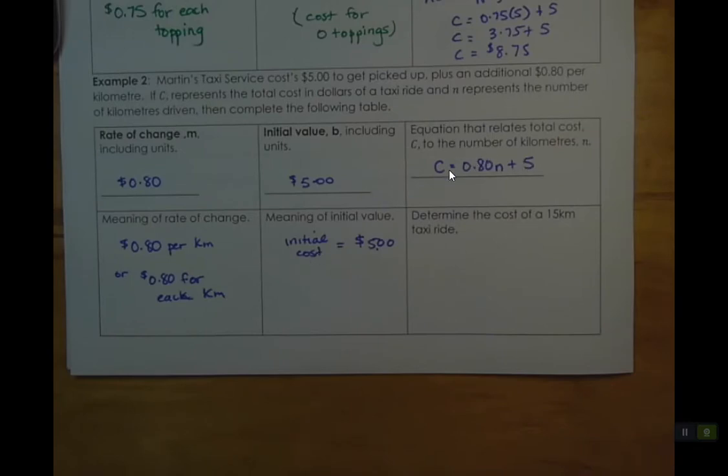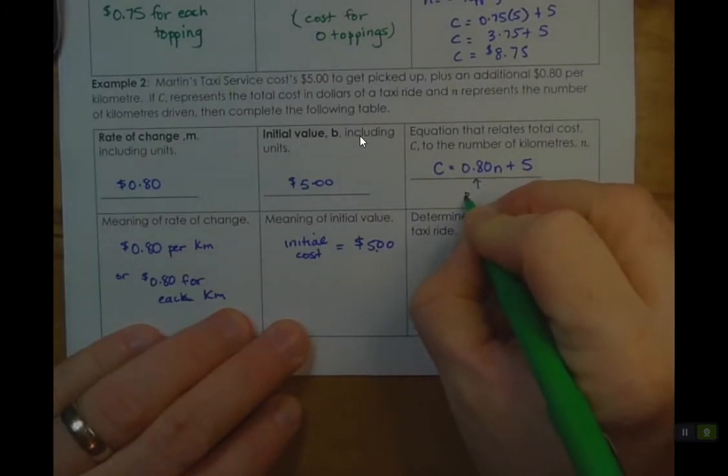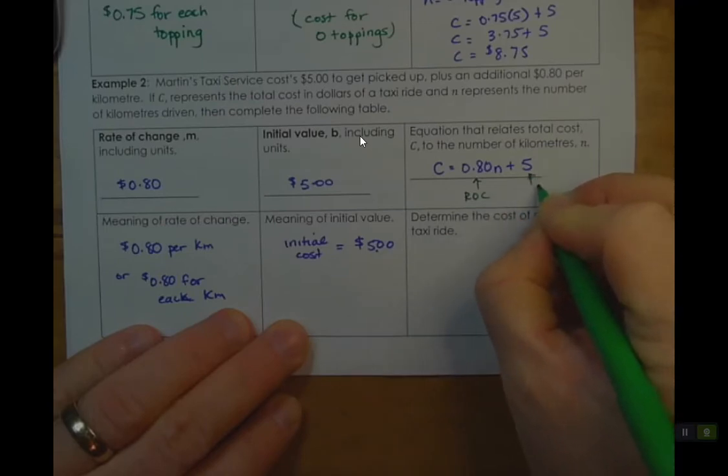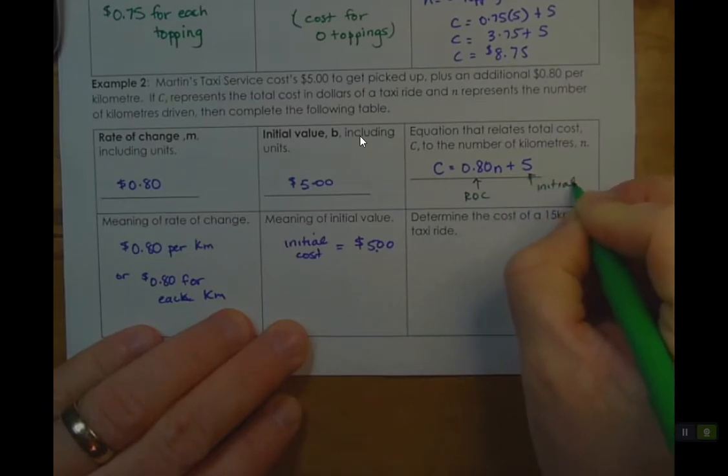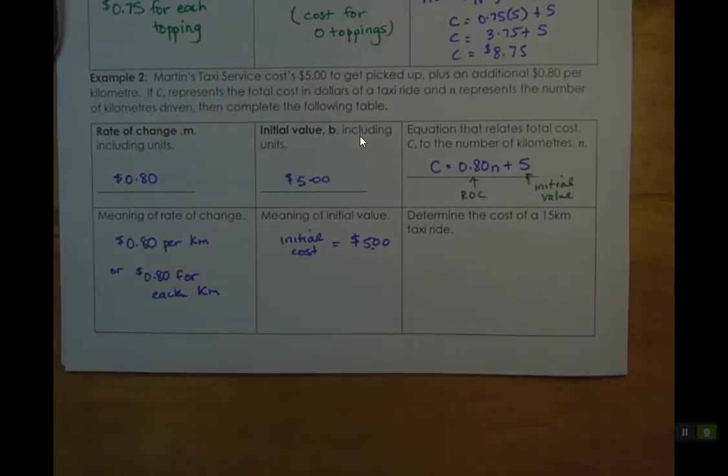And then my equation is the rate of change times the number of kilometers, n, plus 5. So that's where my rate of change is going. This is my initial value.